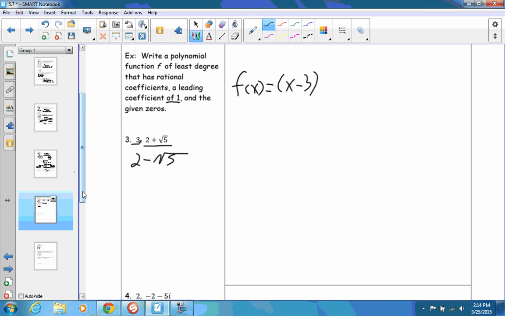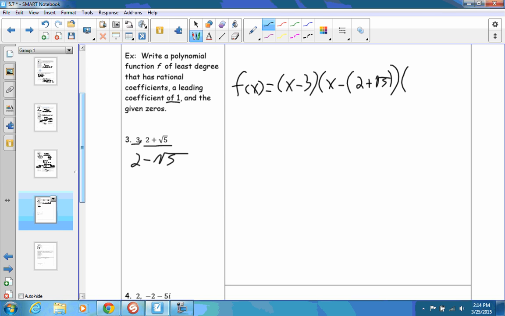This is going to be the same for complex numbers, the same for your irrational zeros, all of it, right? It's still x minus the whole thing, 2 plus root 5, because 2 plus root 5 is my zero. So x minus (2 plus root 5) is my factor.